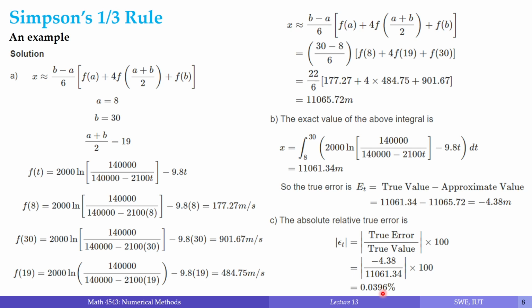It's obvious, because instead of using a straight line, we're using a second order polynomial to approximate the behavior of the original function, which in this specific example was f of t equals 2000 times natural logarithm of 140,000 divided by (140,000 minus 2100 t), minus 9.8t.